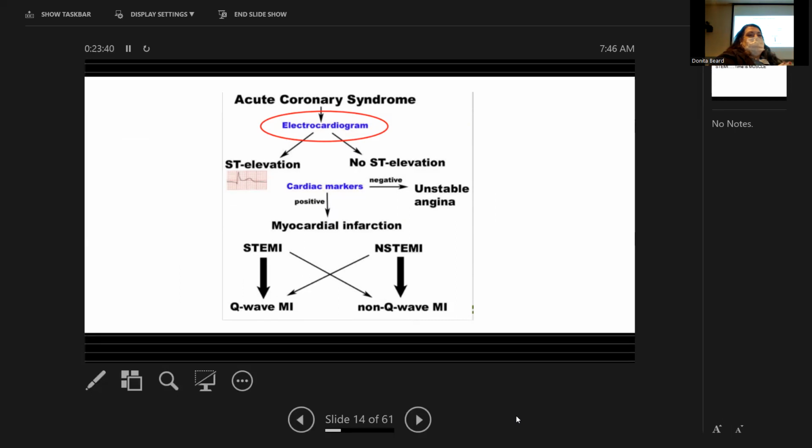When they don't have ST elevation, but they have chest pain and EKG changes, then you have to differentiate between unstable angina and an NSTEMI. And really the biggest hallmark difference is positive biomarkers. For unstable angina, you really need to have chest pain and some EKG change. For NSTEMI, you would have either chest pain or EKG changes and a positive troponin.